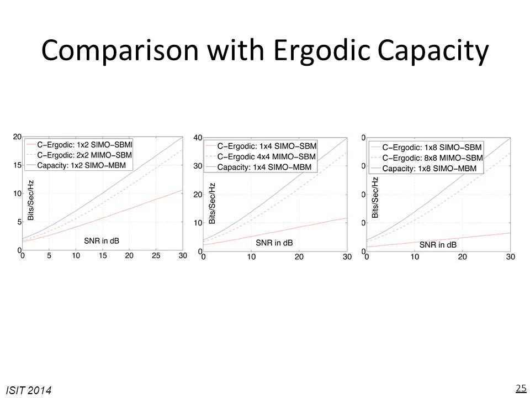In all cases, the capacity of 1 by K SIMO MBM outperforms the K by K MIMO SBM. The reason is the orthogonality of the coordinate system that I mentioned earlier, and the gain with respect to a legacy system with a comparable number of transmit and receive antennas is significantly higher.